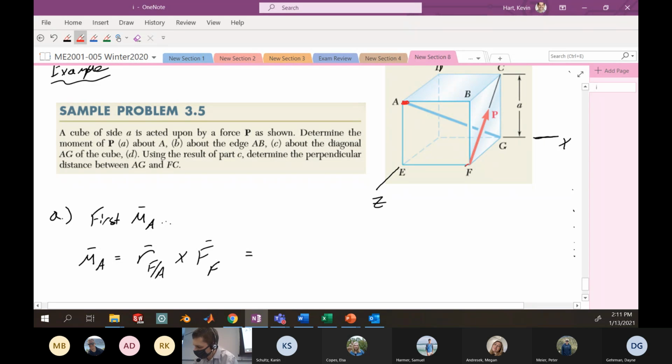So my position vector that locates F from A, that's something that looks like this. Oh boy, that's not such a great line, but that's here. This is my position vector that locates F from A.